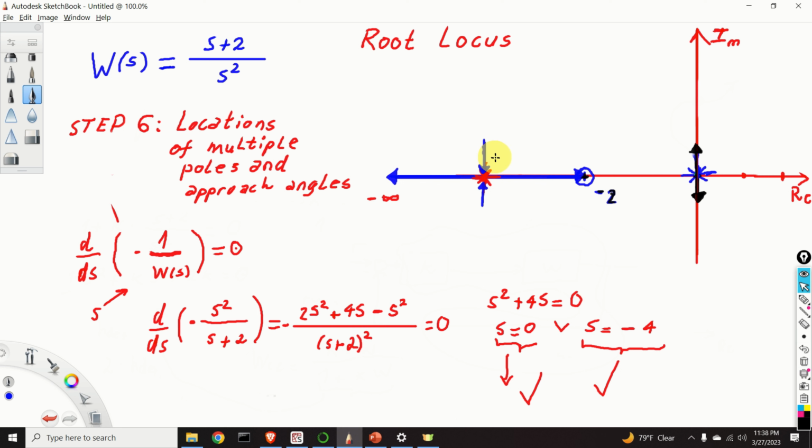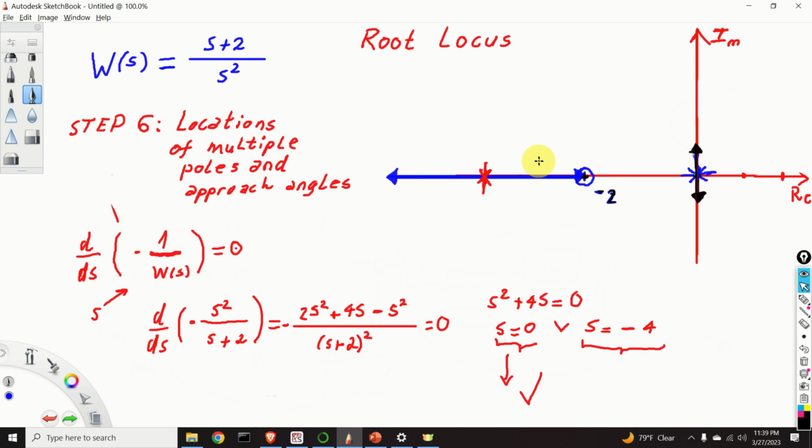So this one will break either in this way or in this way for 90 degrees. That is for this angle. And this is obvious since we know that the root locus needs to end at minus 2, that's the first branch, and another branch needs to end at minus infinity.